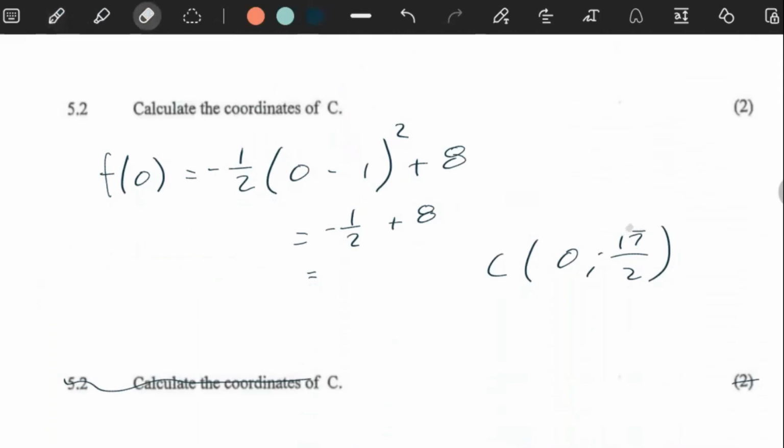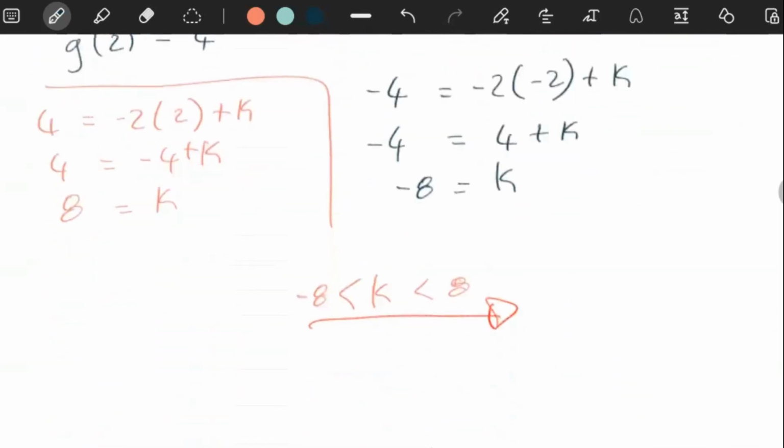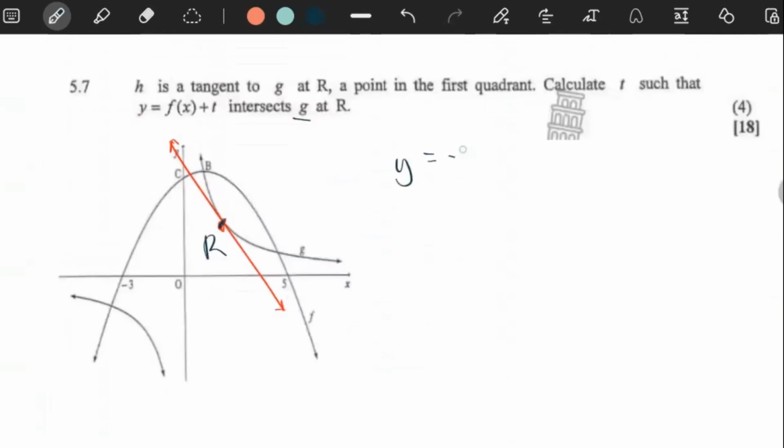You see, of which 7.5 is 15 over 2. Yeah, only noticed that now. Oh, hectic. But anyways, let's see here. The graph of f of x is -1/2 (x minus 1) squared plus 8.